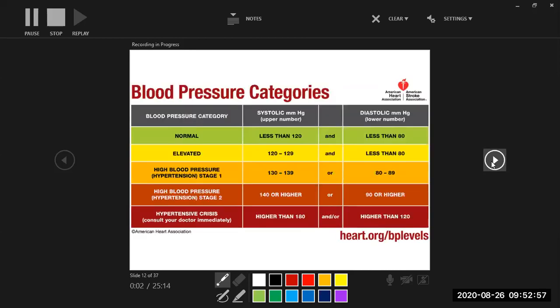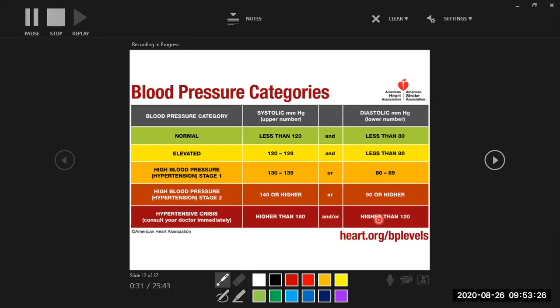But you need to know that even though it's a normal range, about a third of our adult population is categorized as hypertension. So here is the chart from the American Heart Association. I think this one was released in 2017.